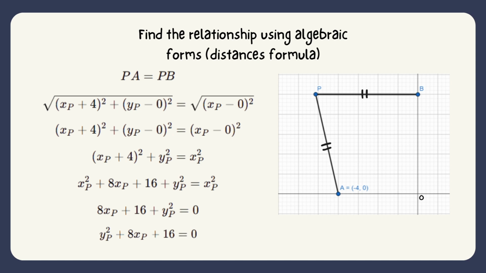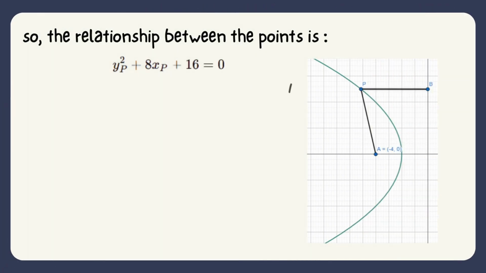We eliminate the root and simplify, and we get yp squared plus 8xp plus 16 equals 0. So the relationship between the points is yp squared plus 8xp plus 16 equals 0.